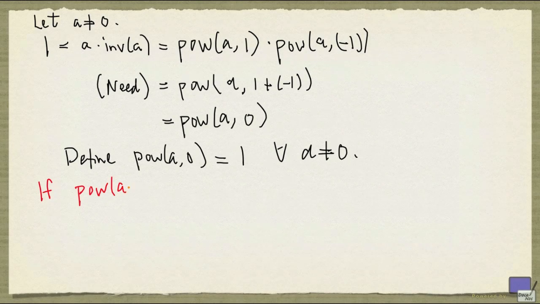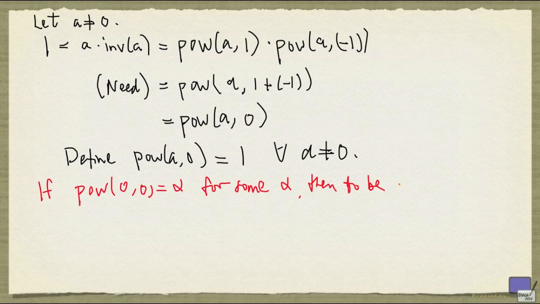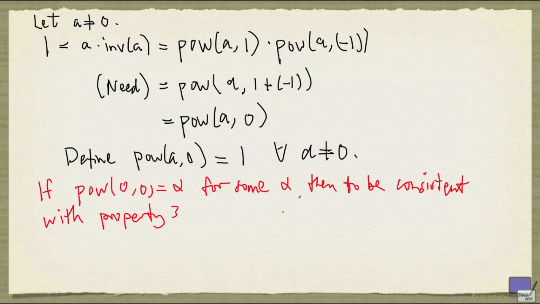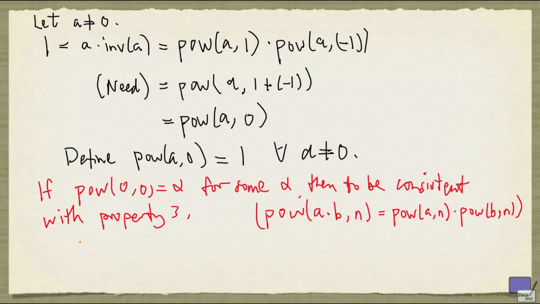So let's do some thinking here. Suppose it is assigned to some number, alpha. Then, to be consistent with property 3, which says that if you raise the product of two numbers to a power n, then it's the same as the product of each number raised to the power n, what we need is alpha, which is equal to POW(0, 0), to be equal to POW(0 times 0, 0).